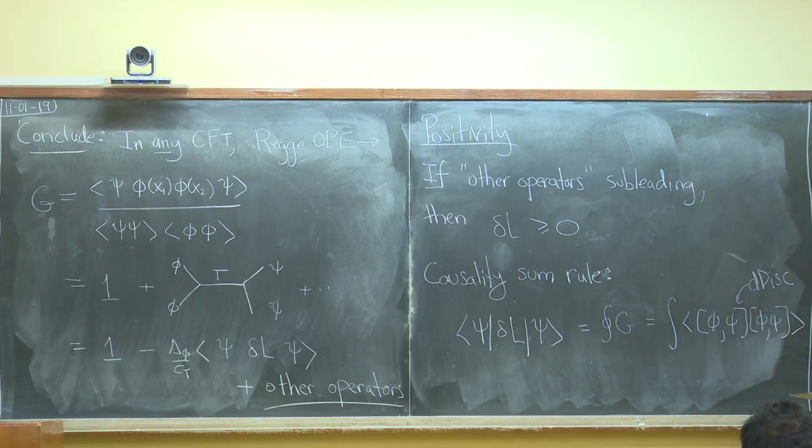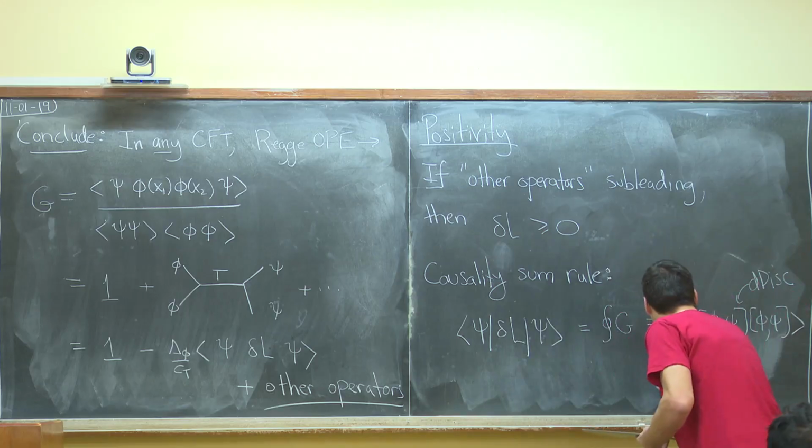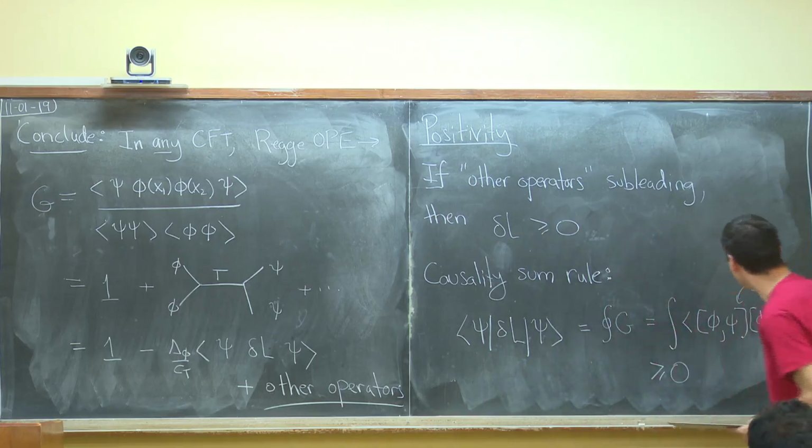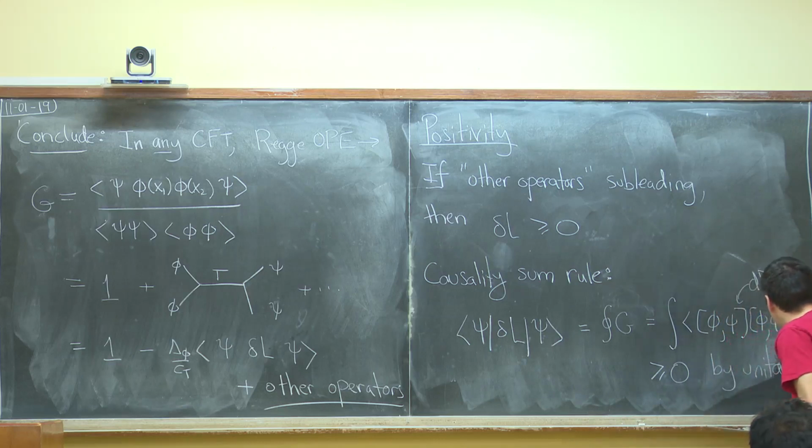So we wrote a sum rule for contributions like this in terms of the double discontinuity of the 4-point function. And the double discontinuity is greater than or equal to 0 by unitarity. So that's all I'll say about it. We could talk about it more later if you want.